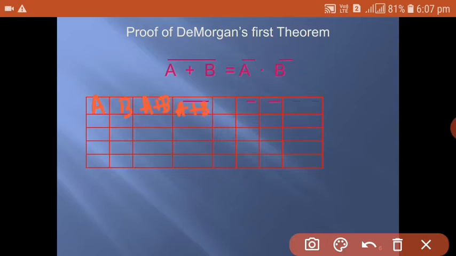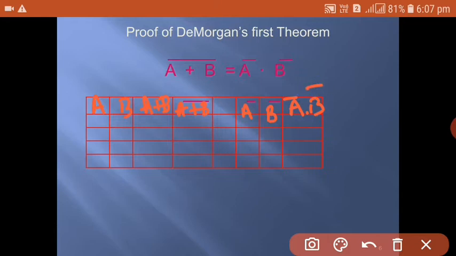Then we leave one column, and the next columns will be a bar, b bar, and a bar into b bar.